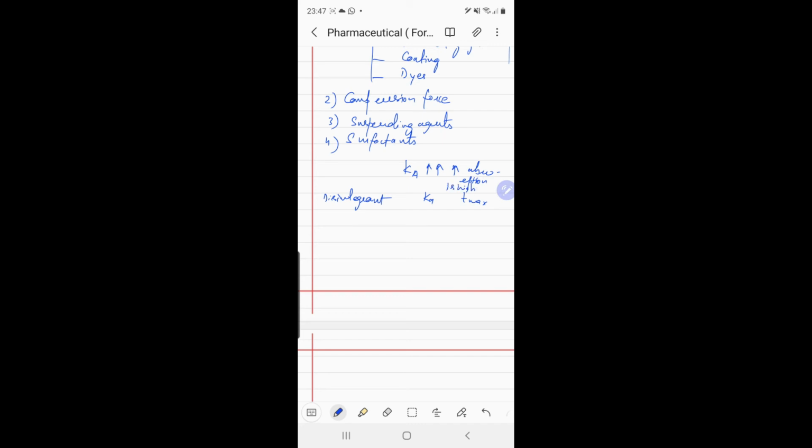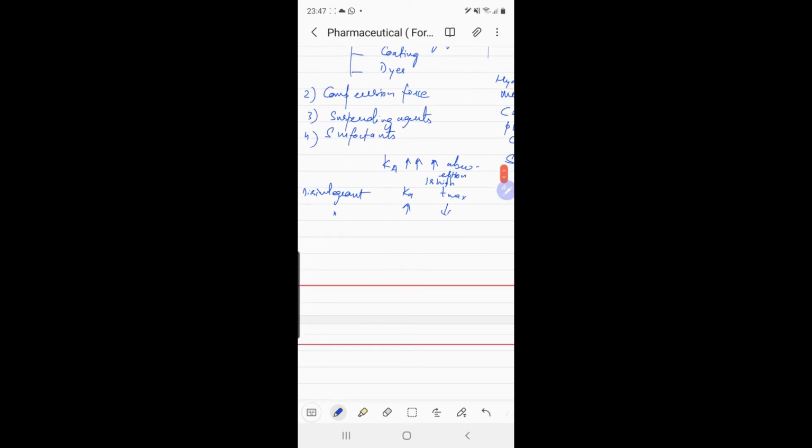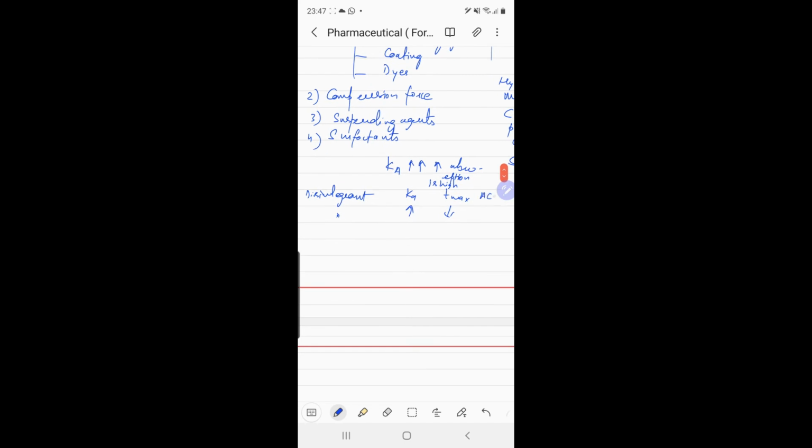So for the disintegrants, there may be an increase in the absorption rate constant. The absorption may be fast, and this reduces the Tmax value. And if you look at the AUC value, it may either increase or may not increase.